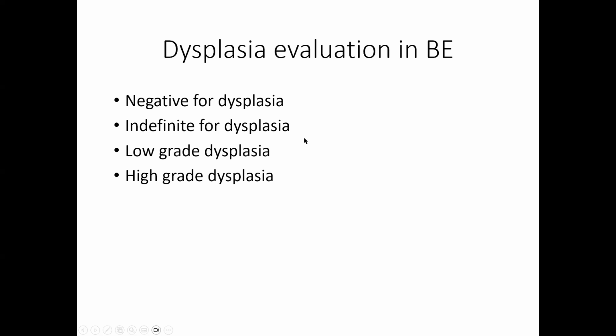But then there's this category of indefinite for dysplasia, and that's a category that's used when there are features that could represent dysplasia, but there are circumstances, maybe associated inflammation, or maybe just technical aspects of the biopsy where things aren't all that well visualized, where you don't feel certain that you could reliably identify dysplasia. And so that's when indefinite for dysplasia is used.